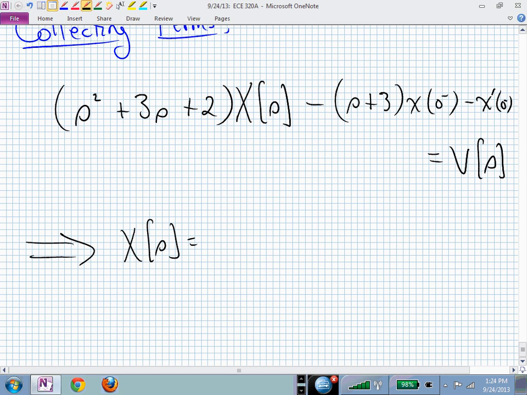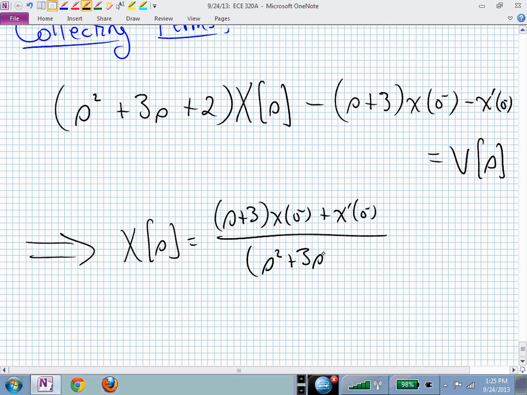That'll give you that. So now you know where your roots are. But I'm getting ahead of myself. Here we need s plus 3 times x of 0 minus plus x prime of 0 minus, all over s squared plus 3s plus 2, plus V of s divided by that same second order polynomial.